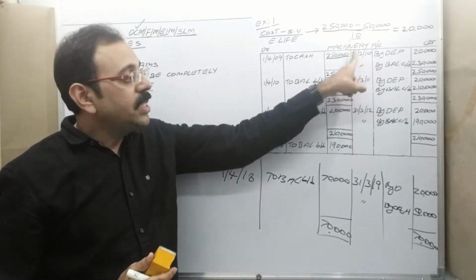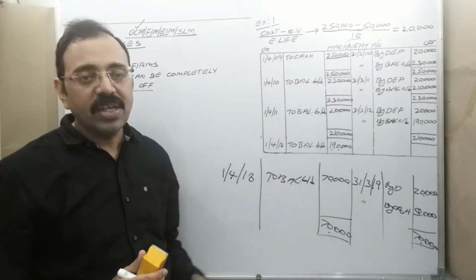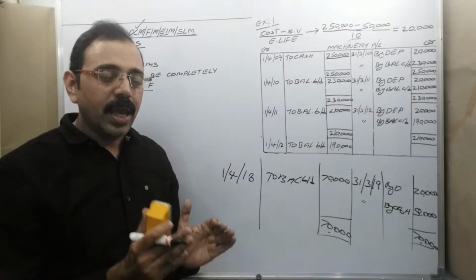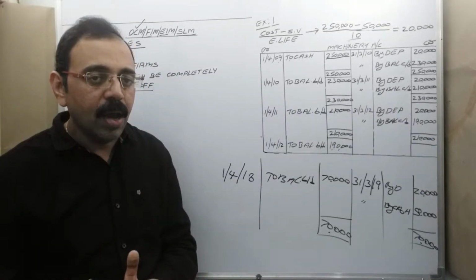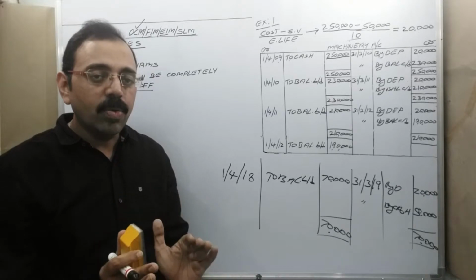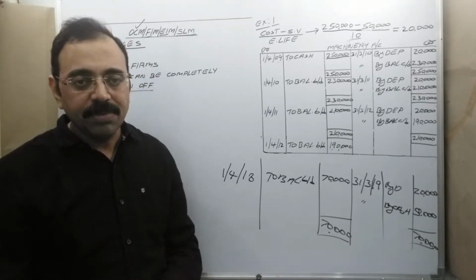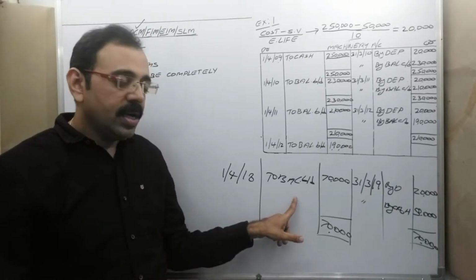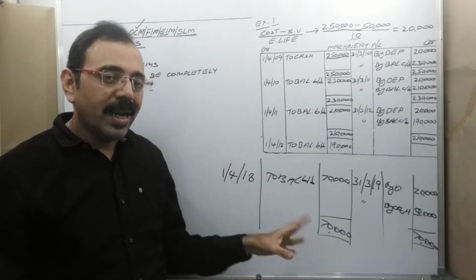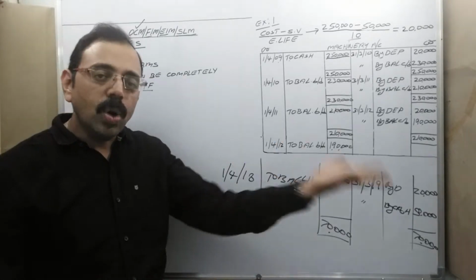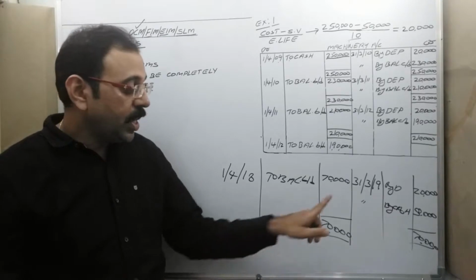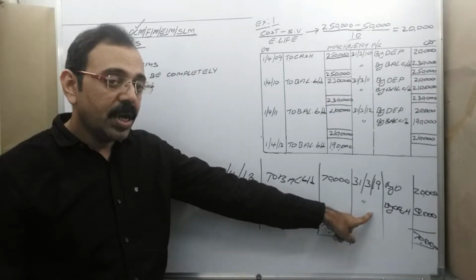Means what? The asset account is not closed in the first year. If an account shows a balance carried down, then the meaning is that the account is still continuing in the firm. In the 10th year, since the asset is totally damaged and sold in the market, the asset account should not show any balance carried down, no?